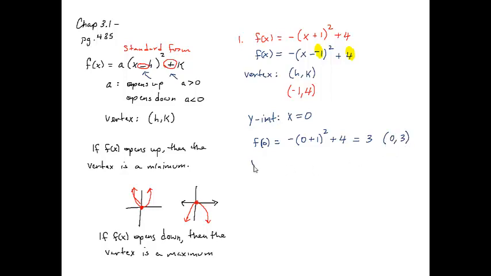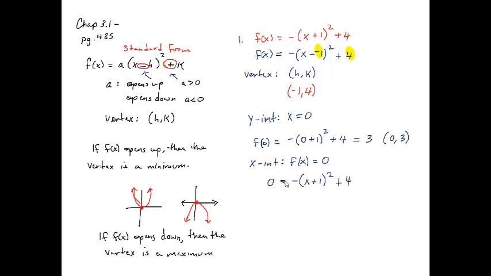Now the x-intercept involves more work, right? For the x-intercept, you set f of x equal to 0 and you solve for x. So I have 0 equals negative parentheses x plus 1 squared plus 4.